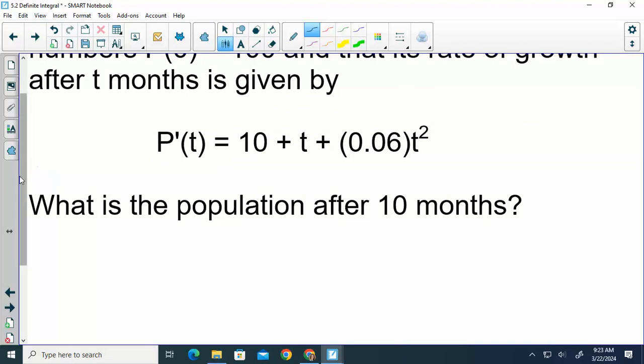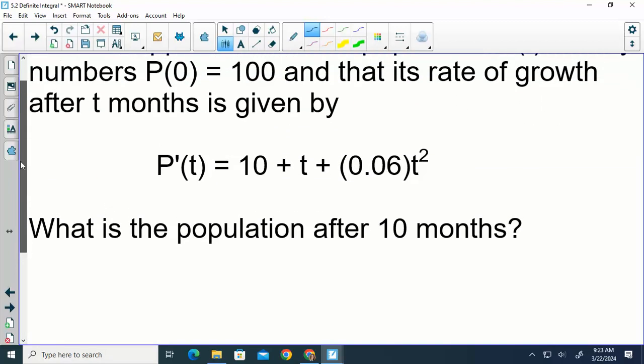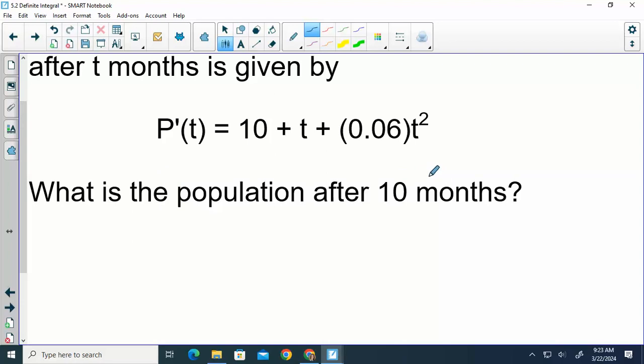Okay, so this is how the population is changing. So if I want the actual population, what would I have to do? Antiderivative. Starting at where? We began at time equals 0. That was our initial population. We started with 100 animals.